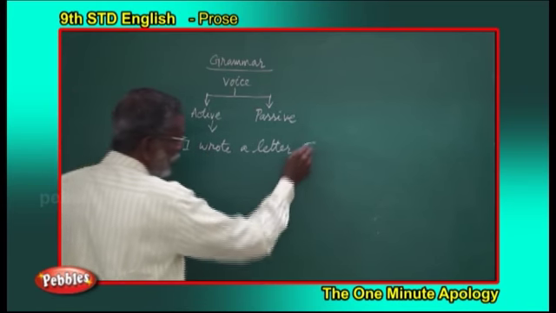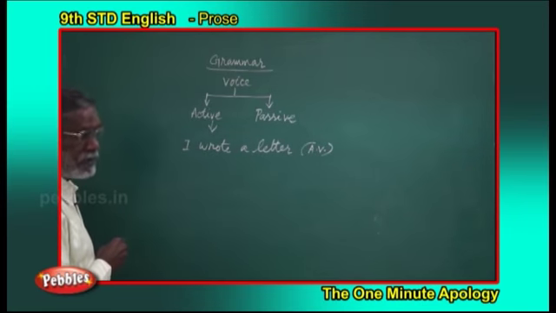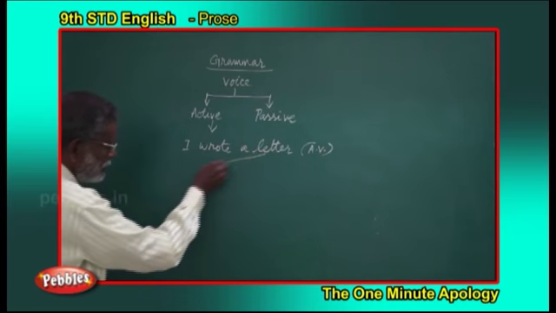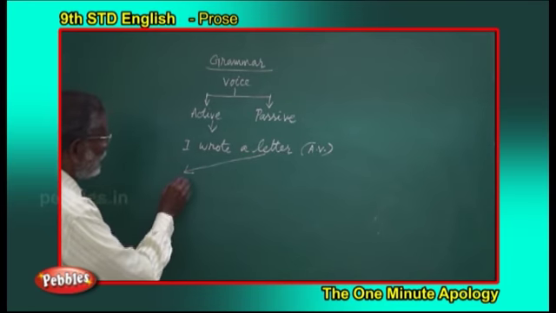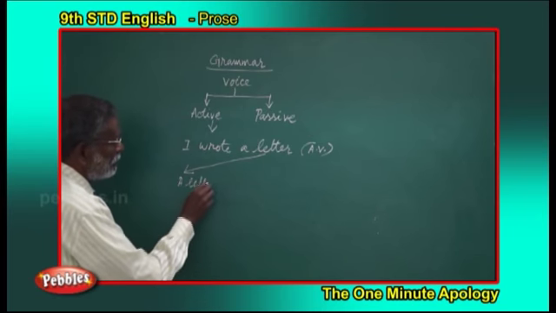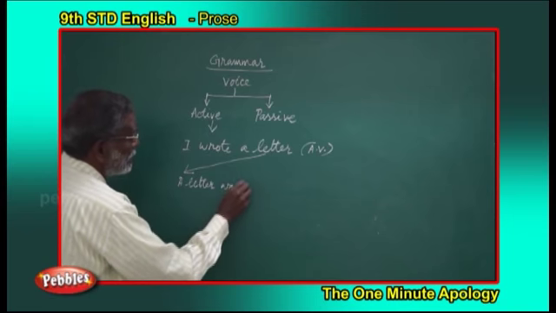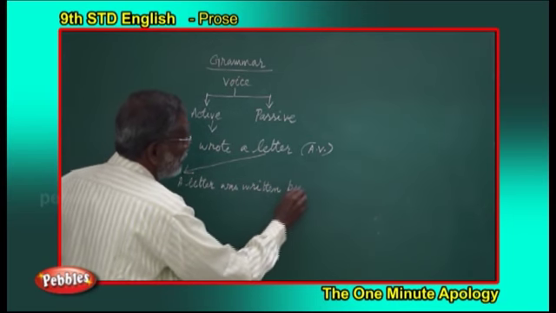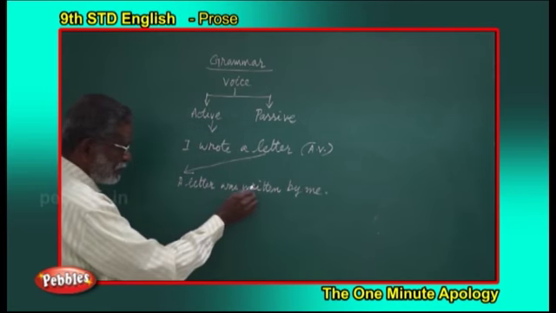This is active voice. Whereas in passive, something is done to the object. So naturally, this will come to the beginning of the sentence. Okay, a letter was written by me. A letter was written by me.